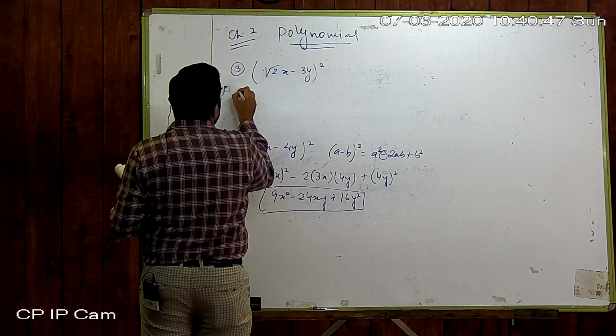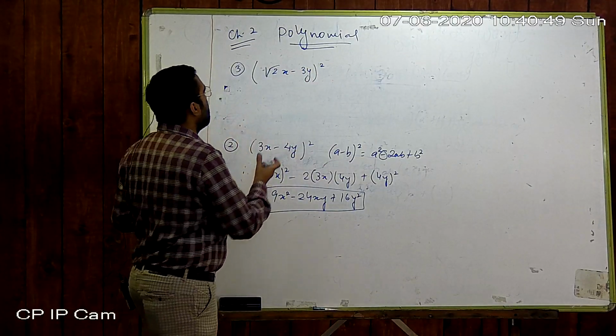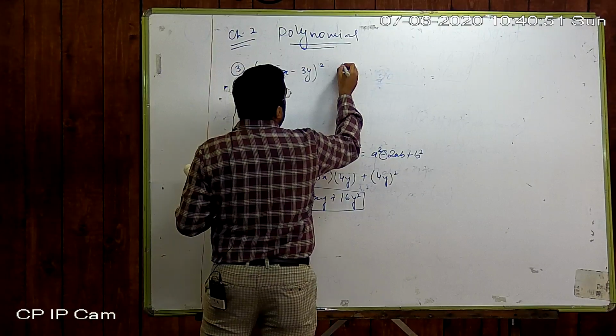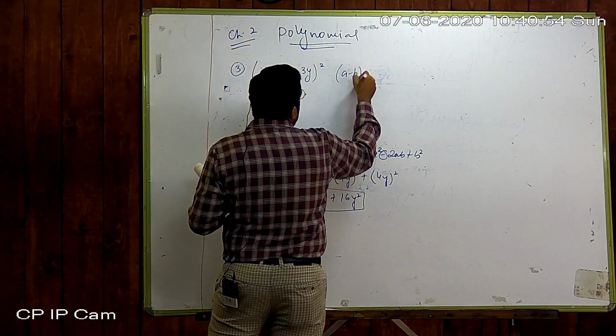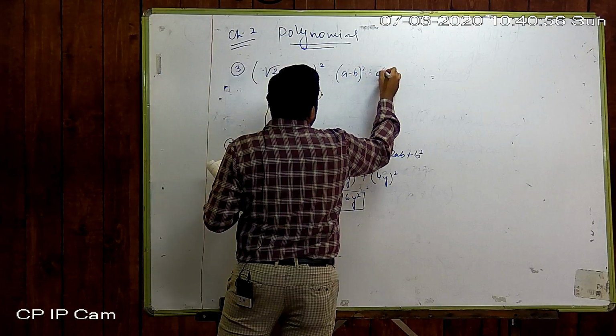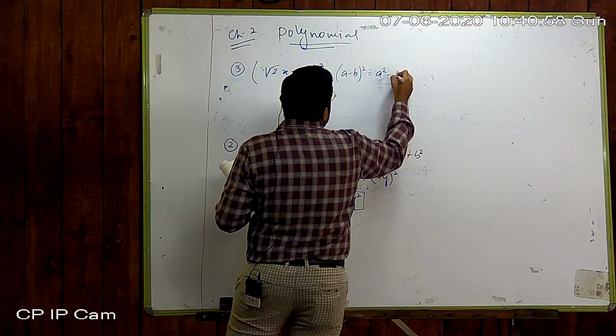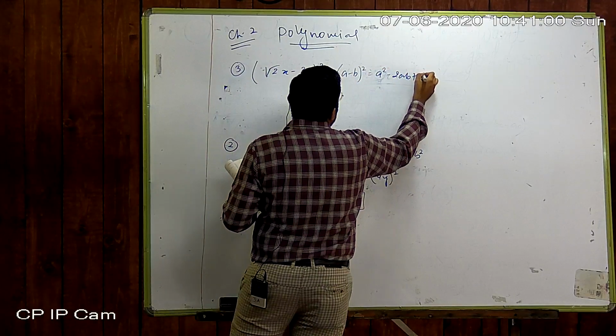As we know, here is a binomial whole square, so we use (a minus b) whole square. Therefore my formula is a square minus 2ab plus b square.